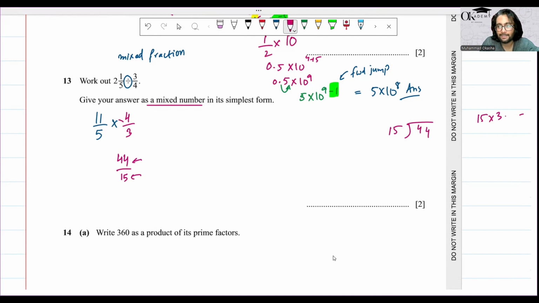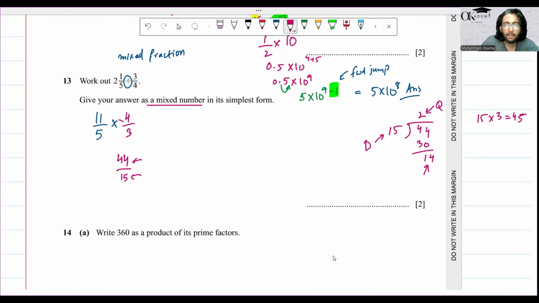We barely missed it. So I'll have to take 2 anyway. 2 times 15 is 30. I'm left with 14. So this is my quotient, this is my divisor, and this is my remainder.